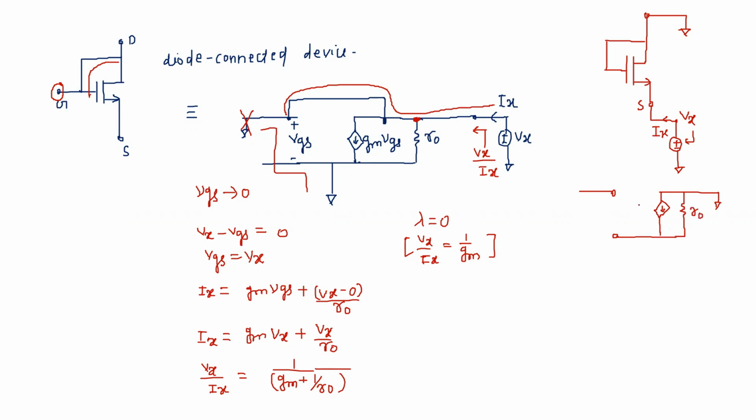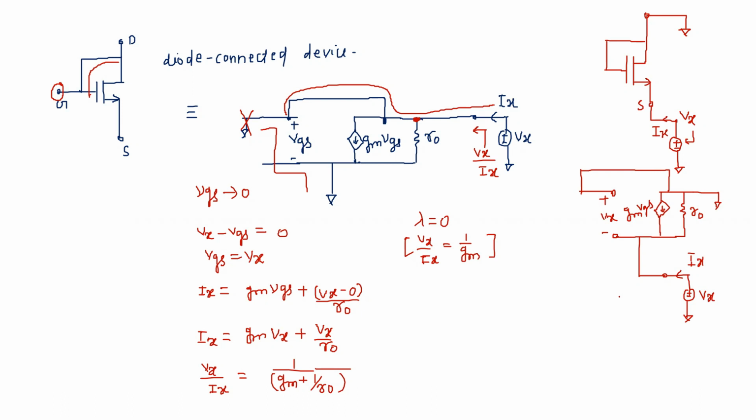This is your gm VGS. This is your Vx, and this gate and drain are connected. The source consists of the Vx we applied here.